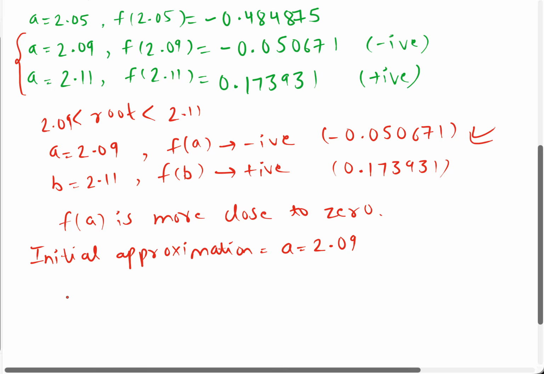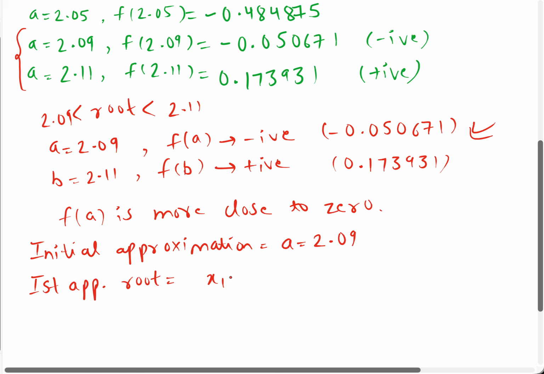So let's find our first approximation root. The first approximation root x1 is equals to x naught minus f(x naught) upon f dash(x naught).